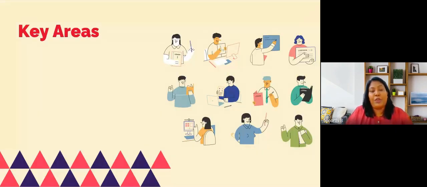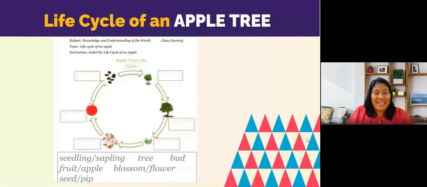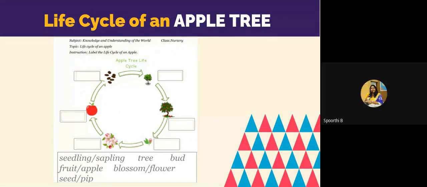So how many of you think research is a cycle and how many of you think research is a linear process? We'll take the example of the apple fruit. It's a cycle, okay? Anybody else? Anybody thinks it's a linear process? No, everybody thinks it's a cycle.